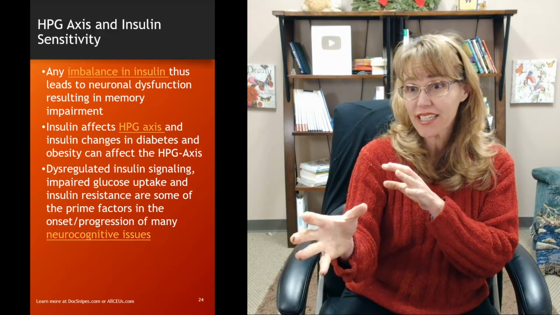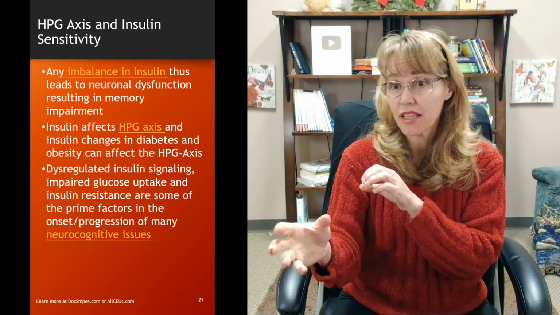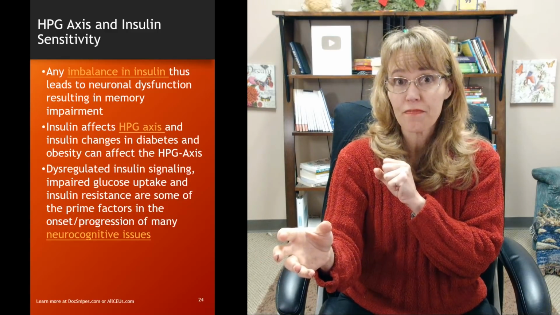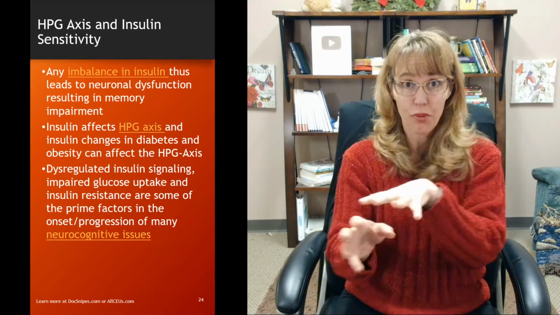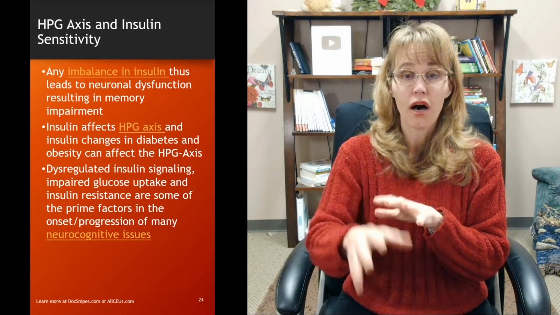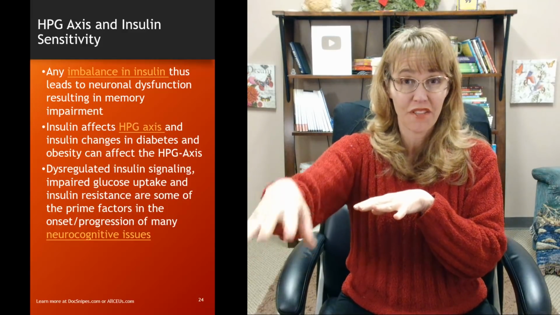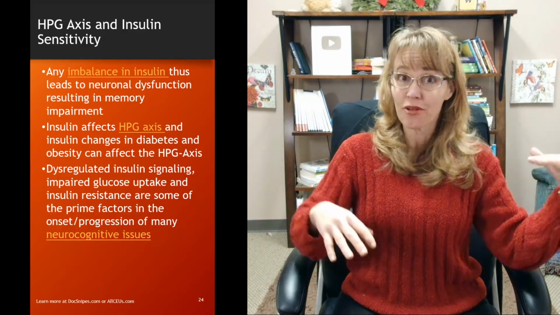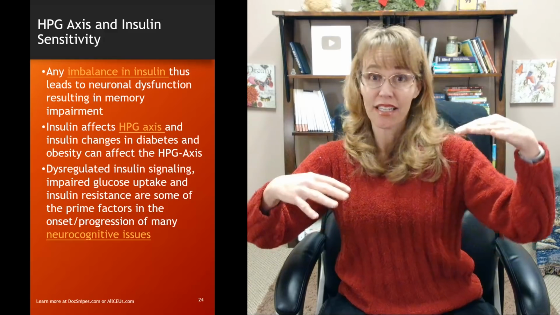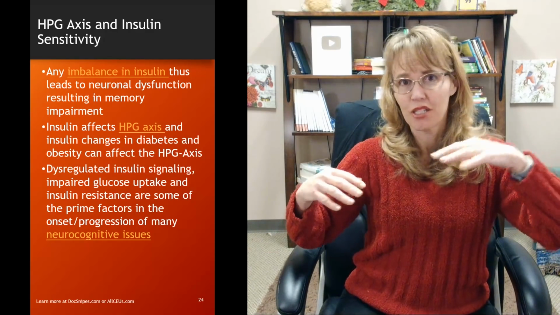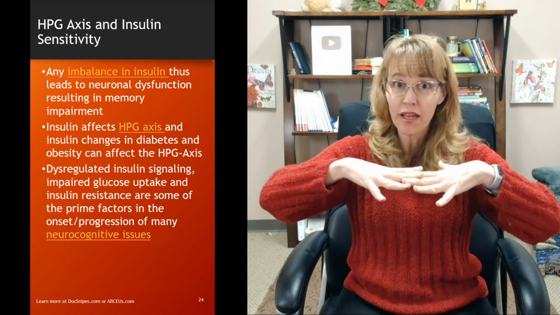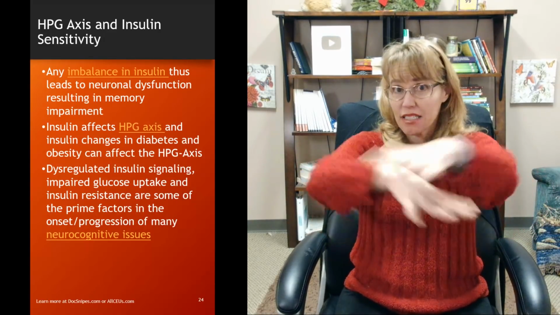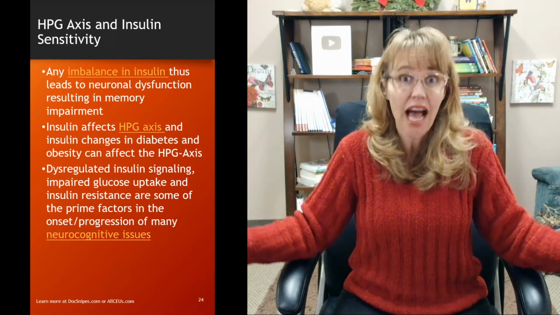Now we're also recognizing that there is an impact of insulin problems on the development of neurocognitive issues. And we know that gonadal hormones impact insulin effectiveness. So you see how it's not linear. There's a matrix here. When one part of the system goes fluey, it impacts the entire system.